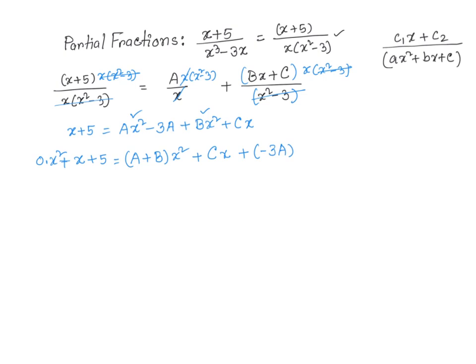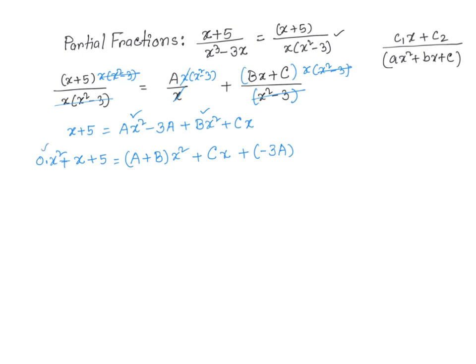Now, the reason I did that is to make sure that I compare apples to apples. This is an equation. It says that the left-hand side must be equal to the right-hand side, and we are dealing with polynomials. So the corresponding coefficients must be the same for both sides. The coefficient of the square term on the left is 0.